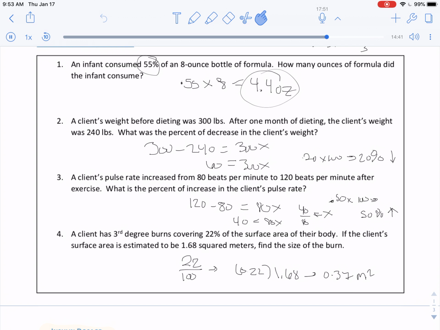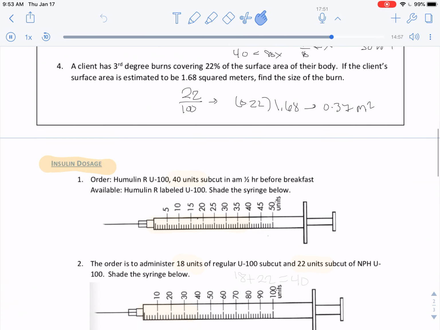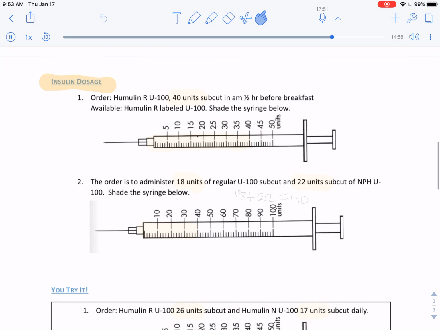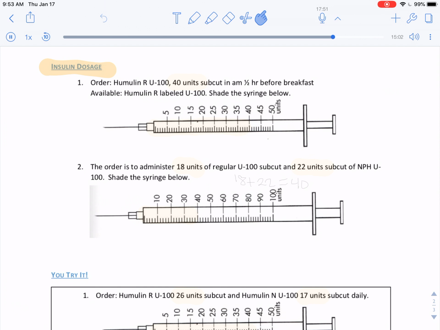And then for the next section, we're going to figure out insulin dosages by simply figuring out how much dosage you need in every third of the needle. So, we have 40 units subcut in AM half hour before breakfast, available Humulin labeled U-100.